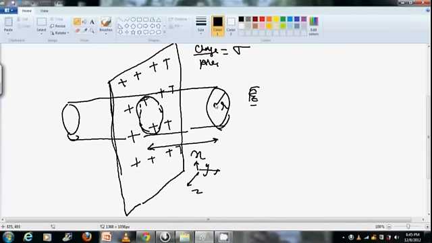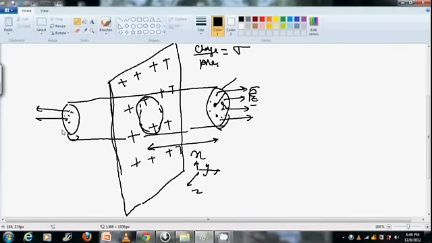So this point is also symmetrical with respect to the sheet, because up also there is an infinite sheet, and this side also there is an infinite sheet. All the points here are symmetrical with respect to this sheet, and similarly all the points on the other side. Both are at a distance x from the sheet. In all these E will be the same and directed away because it is positive charge.